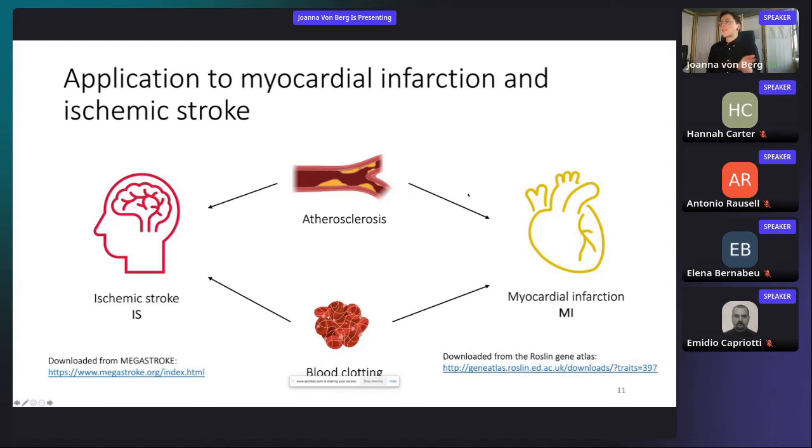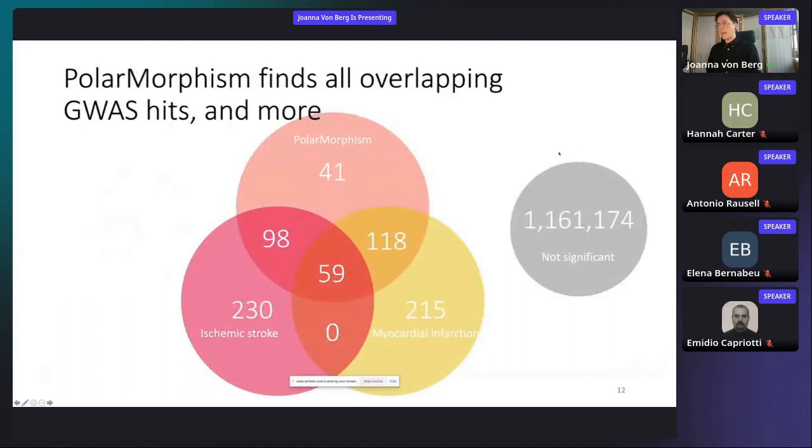So we already expected some overlap here, some shared SNPs. Here I'm comparing, in red, SNPs that were significant for ischemic stroke in the original GWAS, and SNPs that were significant for myocardial infarction in the original GWAS.